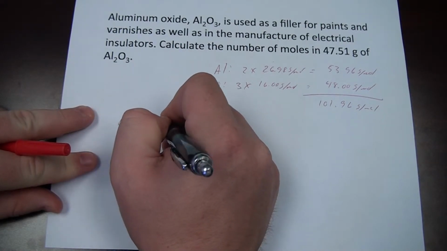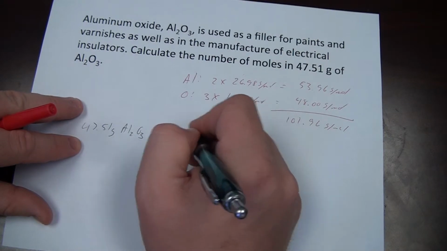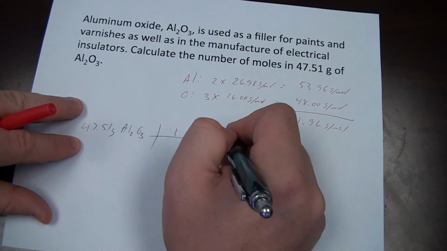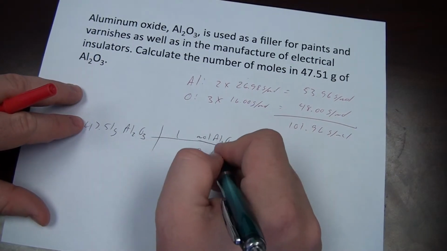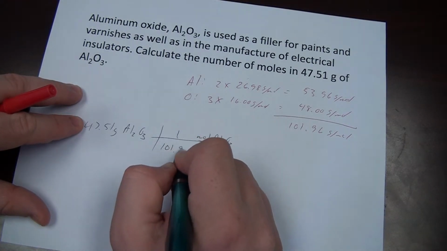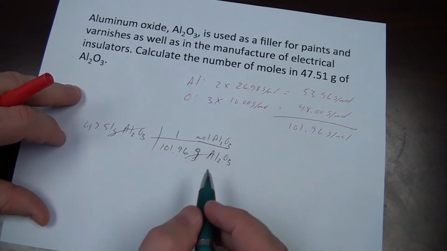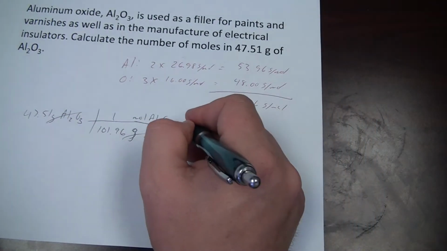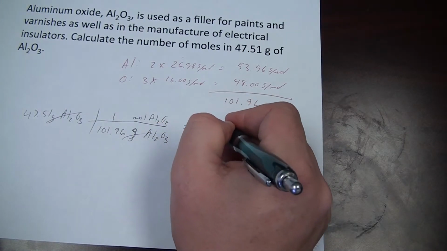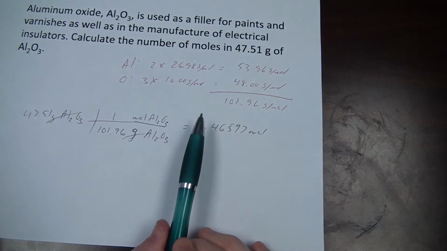47.51 grams of aluminum oxide, divided by the molar mass. Up here, 101.96 grams gives us 1 mole. Do that calculation, we end up with 0.46597 moles. Round to the number of significant figures.